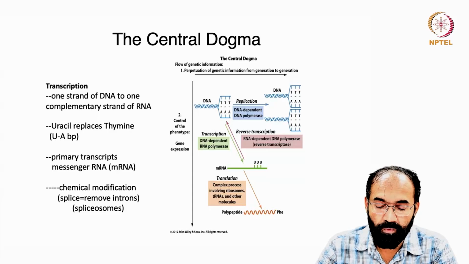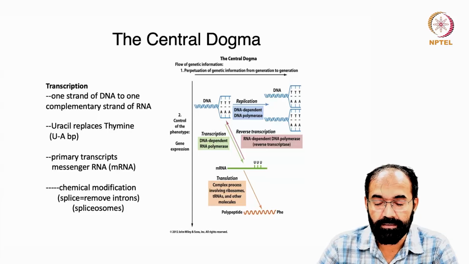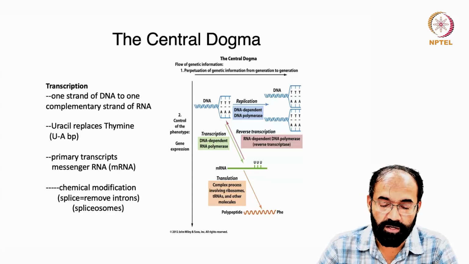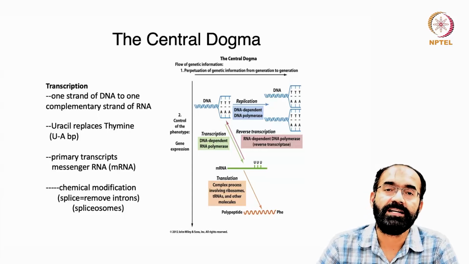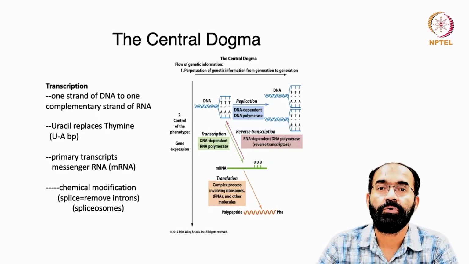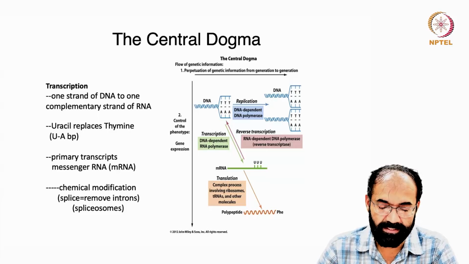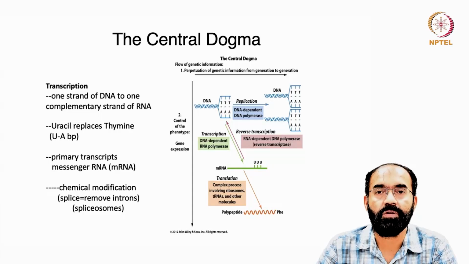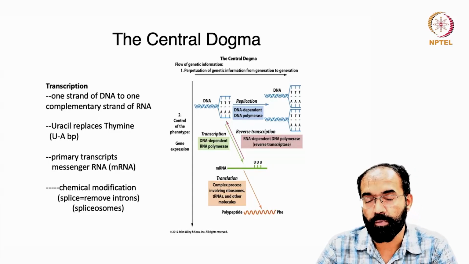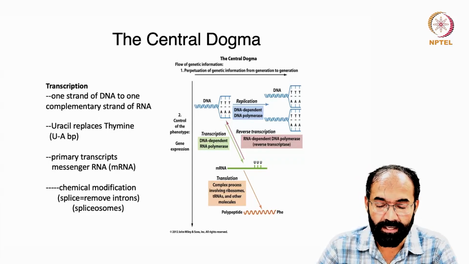And once it is copied, each strand participates in the production. So one double-stranded DNA ends up getting two double-stranded DNA, because one cell becomes two, two become four, like that. So DNA dependent DNA polymerase helps in the production of the DNA copy.